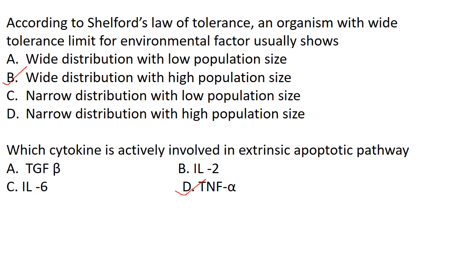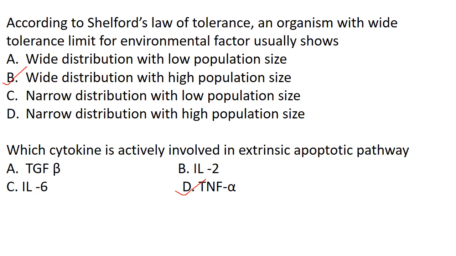That is according to Shelford's law of tolerance. So what is the question here? An organism with wide tolerance limit, so it can withstand more stress, wide tolerance limit for environmental factors usually show wide distribution and high population size. Answer is option B.